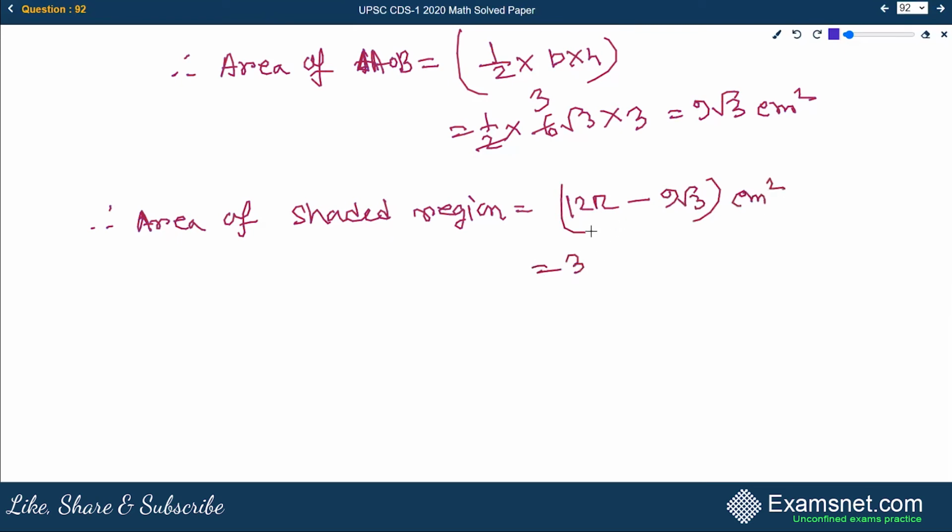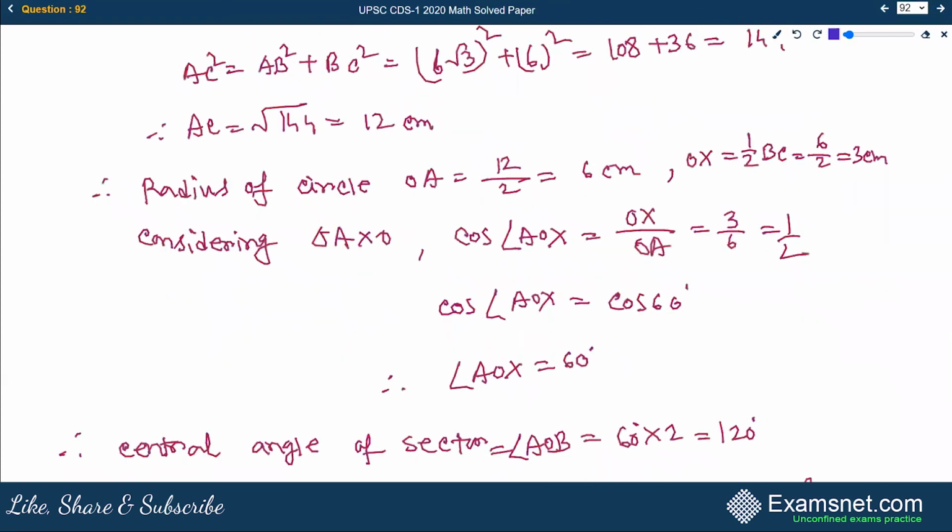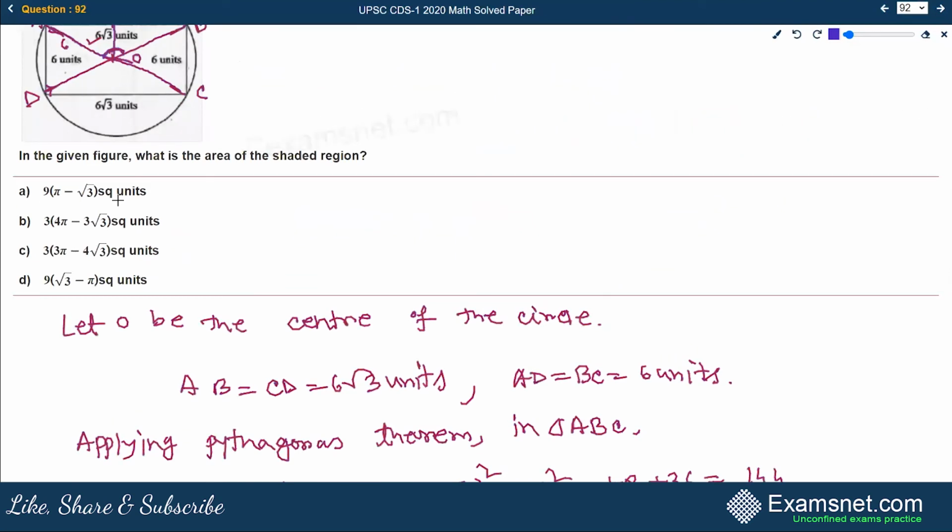We can take common 3, so it becomes 3 multiplied by 4 pi minus 3 root 3 centimeter square. So option B is the correct answer.